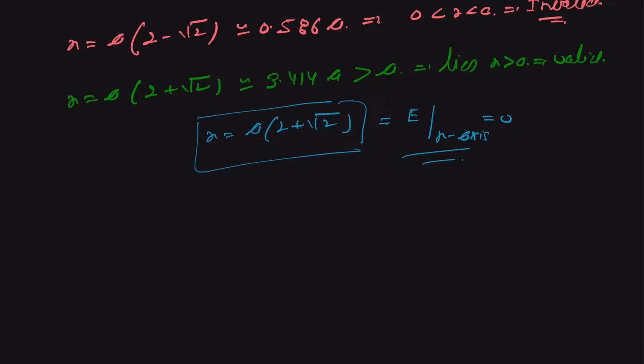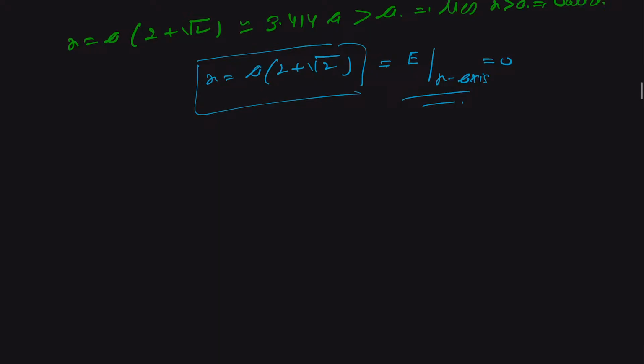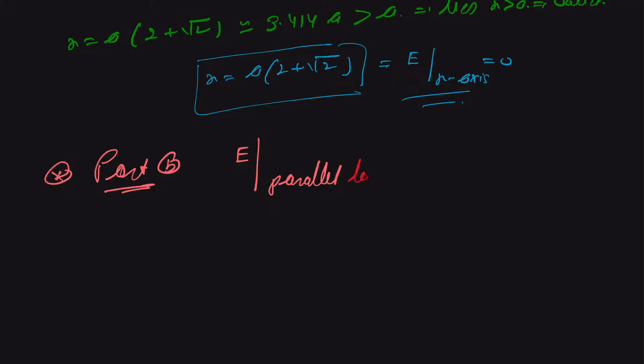And now we come to part B. And part B states that we have to find out the electric field which is parallel to x-axis, okay, we have to find out the point. Okay, sorry.